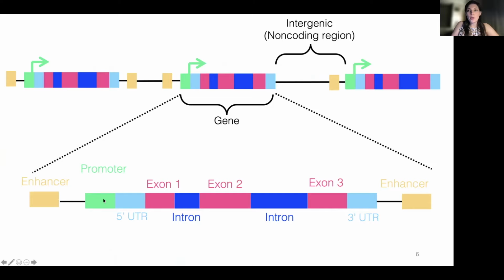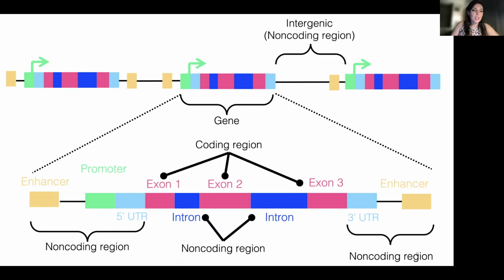Then we have our promoter, where our polymerase is going to bind. We have the 5' untranslated region. We have some combination of exons and introns, and the introns are ultimately spliced out when we transcribe to RNA. And then we have the 3' UTR, and then I'm kind of continuing on to some next gene down the line.